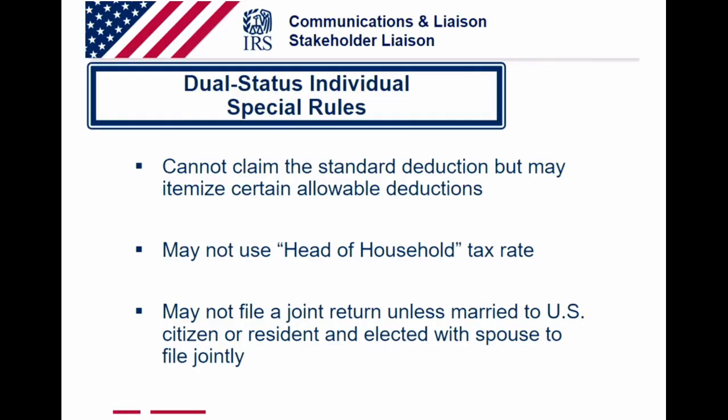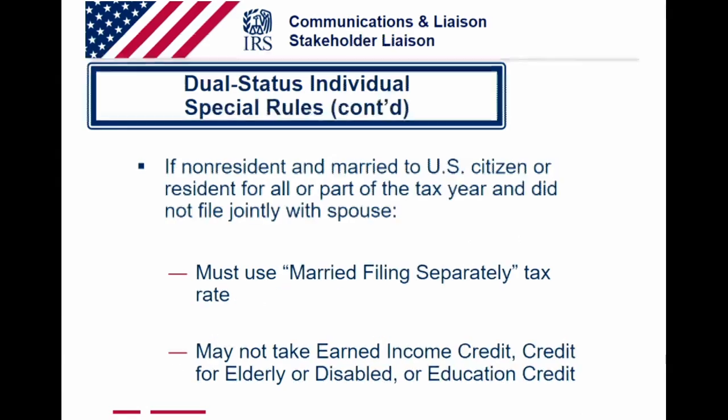There are special rules that do apply to dual status individuals. A dual status individual cannot claim the standard deduction, is not allowed to file as head of household, and cannot file a joint return unless married to a U.S. citizen or resident and, with the spouse, elects to file a joint return.